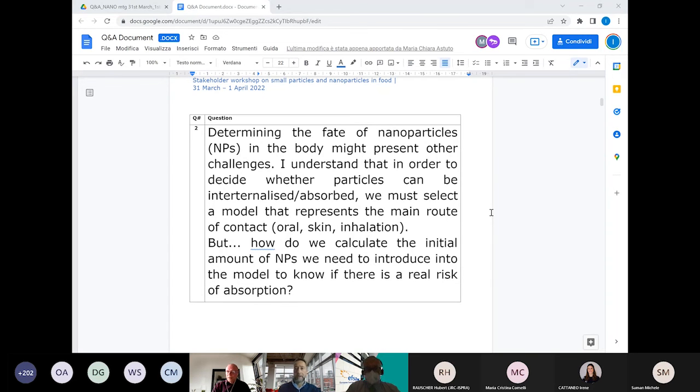Thank you, Roland. Yes, I can try to complement this with some reasoning about the novel food area. The question is about what type of concentration or doses have to be considered in testing.